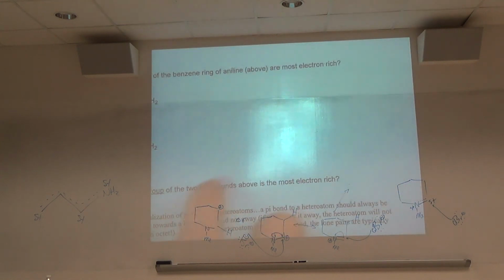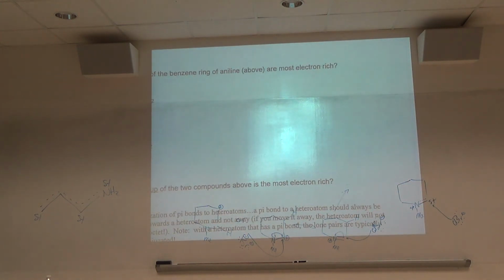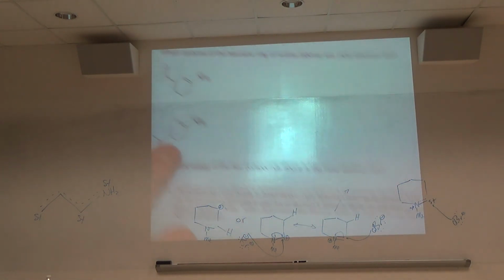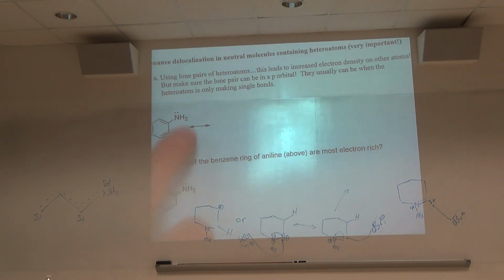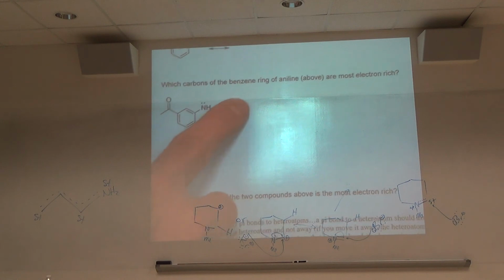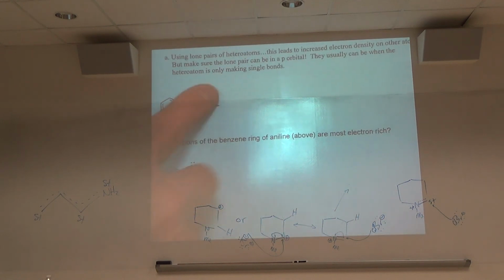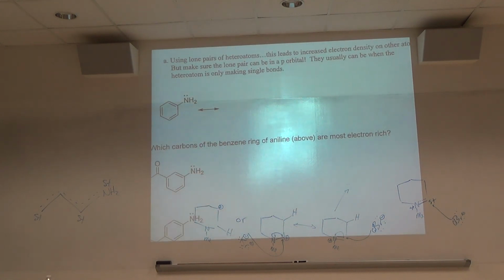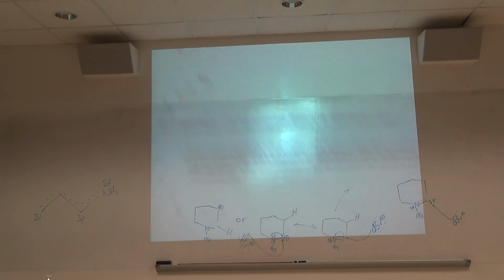Things below. When we come back after the test on Tuesday, please have answered these questions over here. Which carbons there and there? Answer these. Ones below, it says show all possible resonance structures.